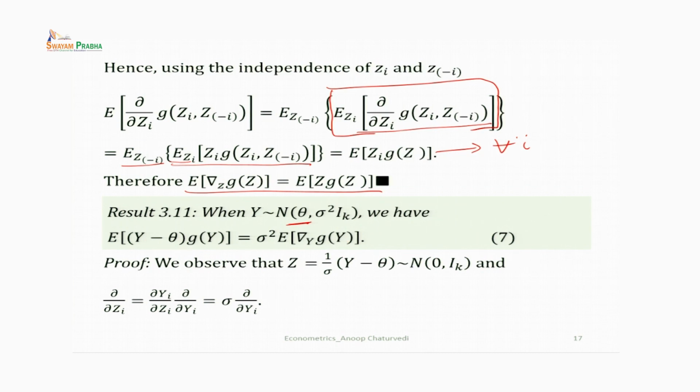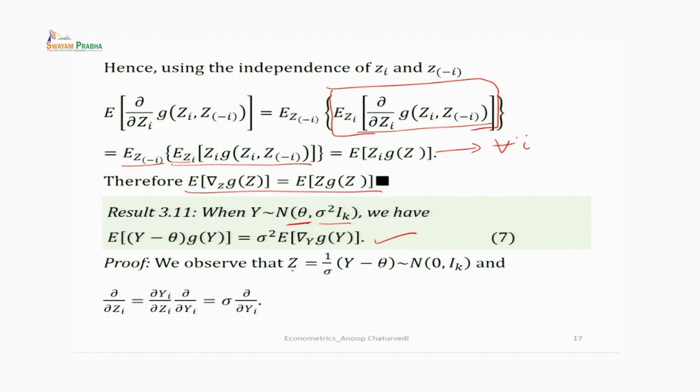So, now we are going to extend the previous result when the mean vector is not 0, but theta, and the variance covariance matrix is not identity, but sigma square I k. So, then we get this result.